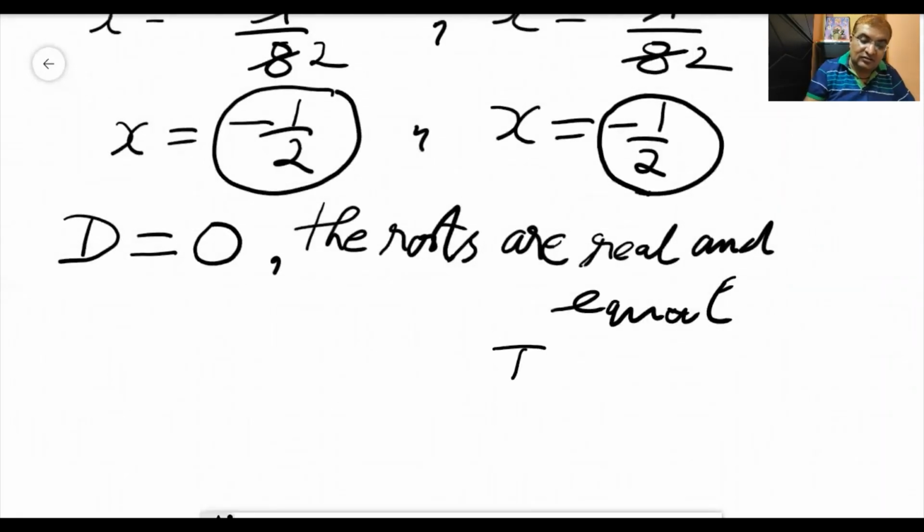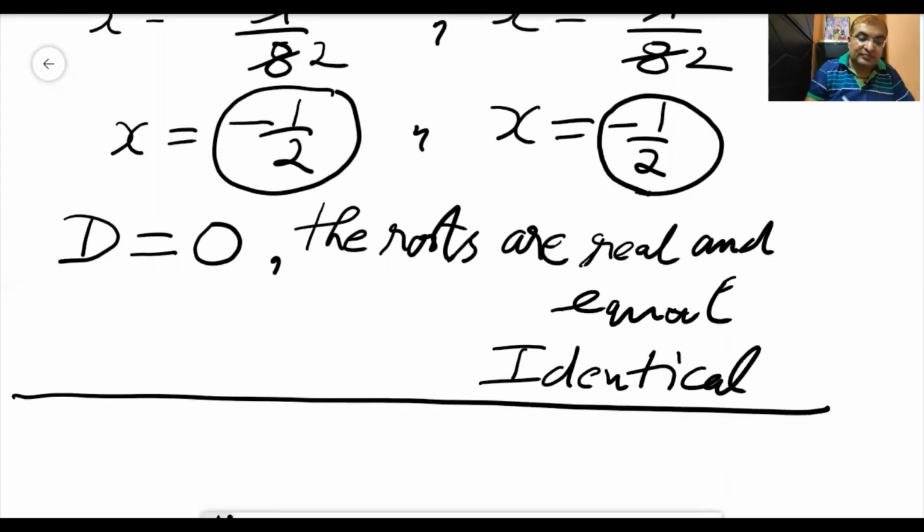We can also call that as identical. So two cases you have learned. In case 1, value of d was positive, so roots were real and different. And here when value of d is 0, roots are real and equal, absolutely equal, no difference is there, exactly same, that is called identical.